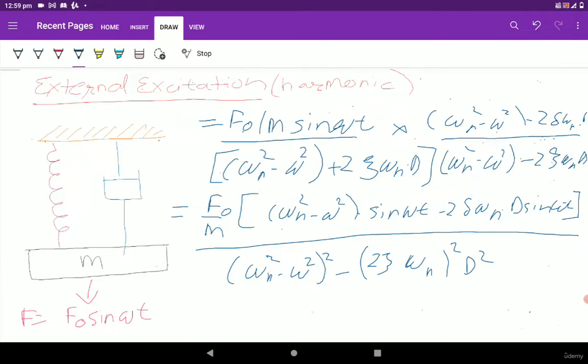Now let's move on to further simplifying this equation.